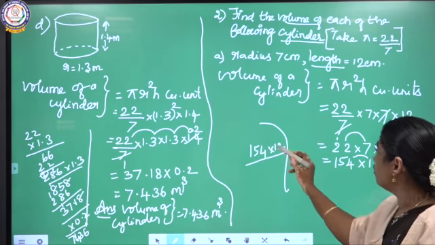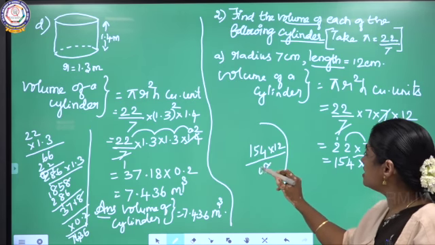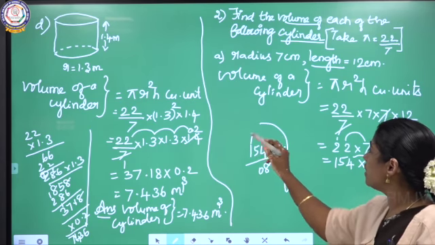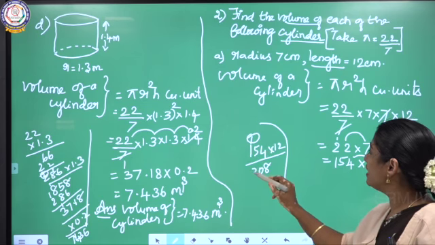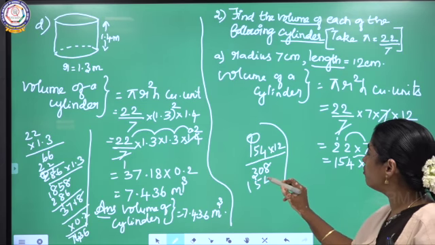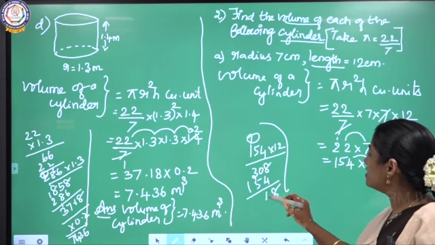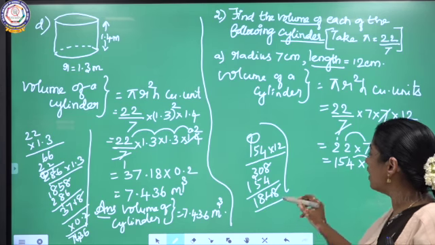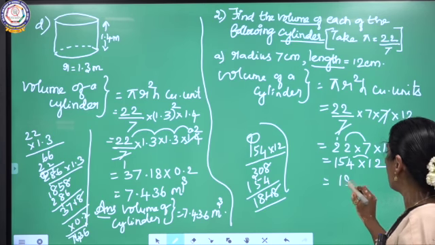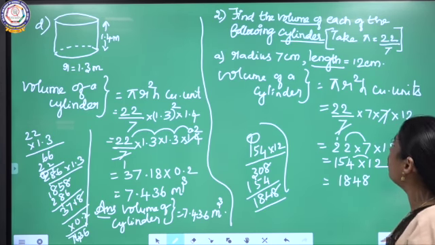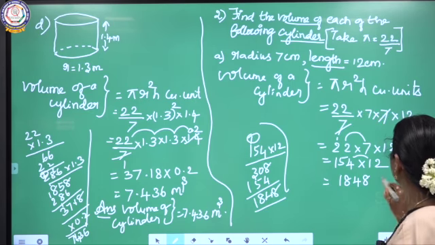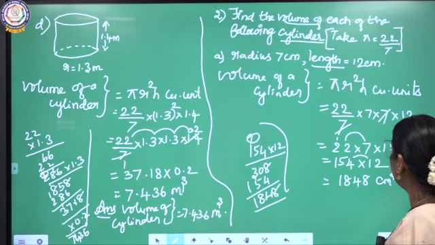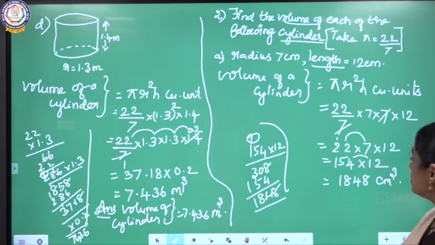Listen, 2 4s are 8, 2 5s are 10, 1 carry over, 2 1s are 2, 3, and this 1 5 4. Now when I add this, 8 4 8 1. So my answer is 1848. What is the unit given? Centimeter cube. Can you clear this, children?